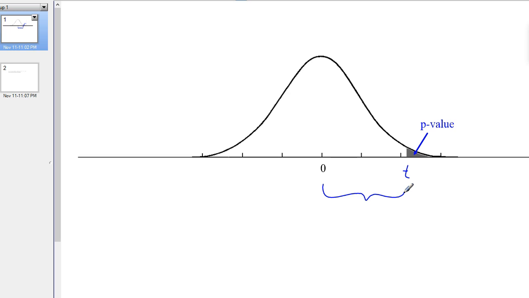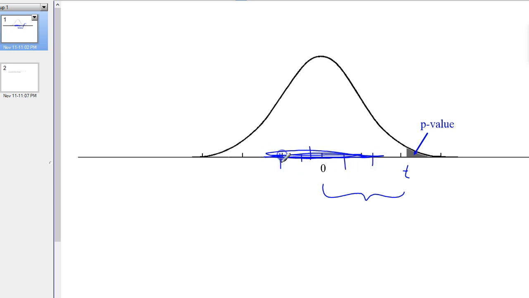The idea is we are typically close to the claim value when we sample. If we're trying to predict the mean of a population, the sample means that we would get if we took a sample of a certain size, the sample mean should be close to that claim mean.